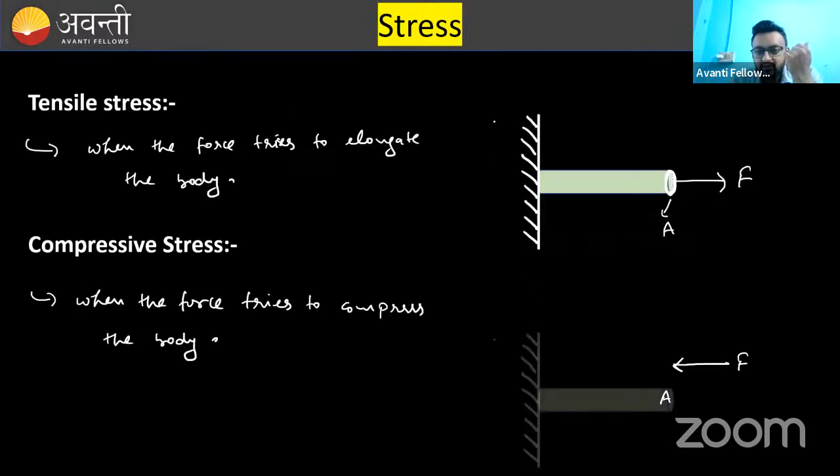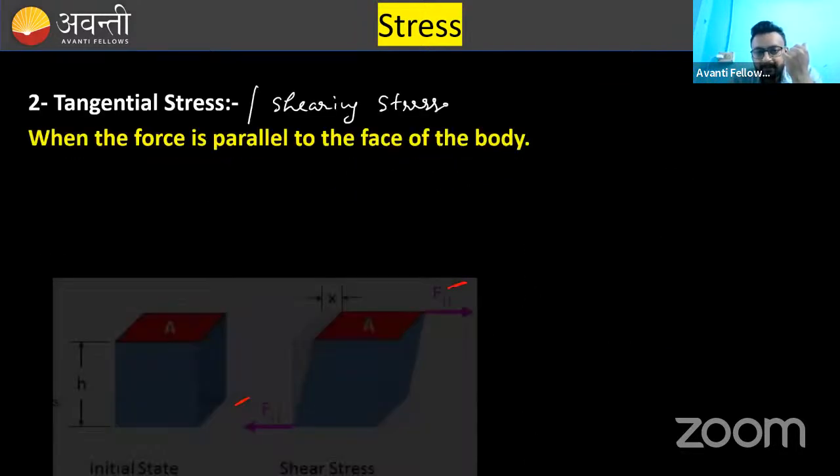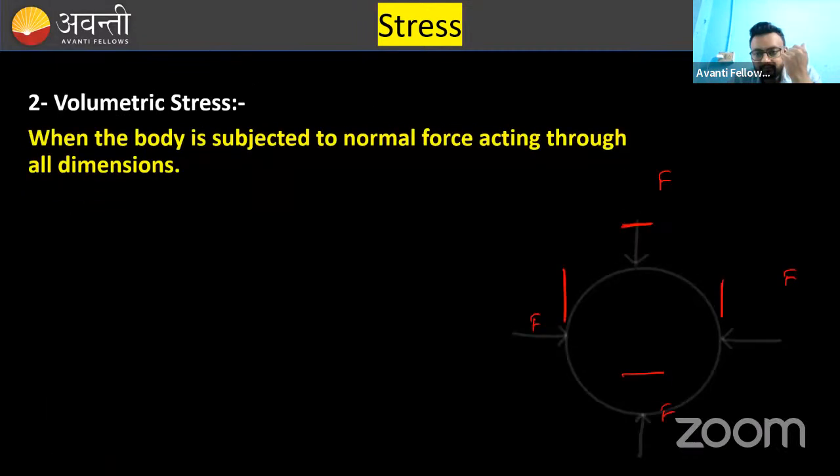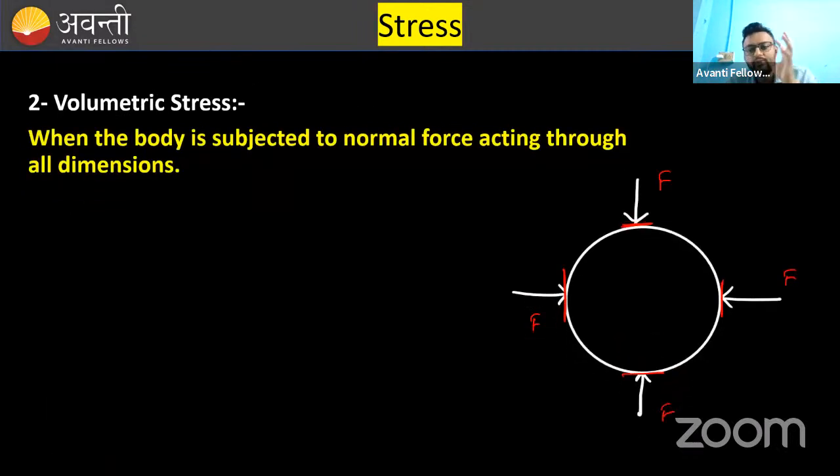While in case of volumetric stress, the whole shape of the body is changing. If I continue applying this force, you can see that this portion will get compressed, this portion, all the portions will get compressed, and the body will look something like this.